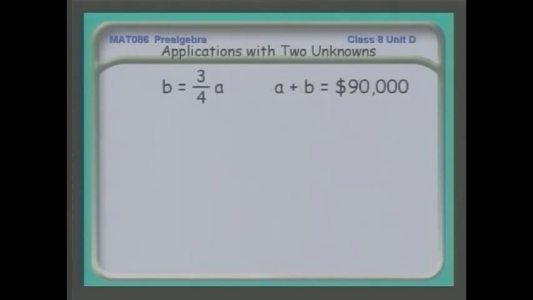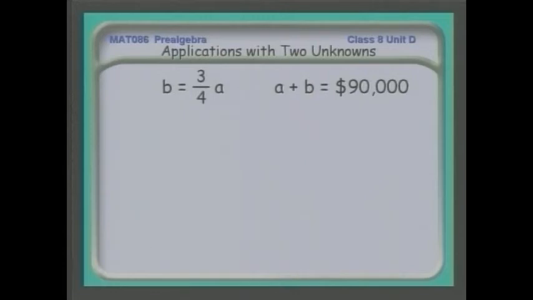Let's put this into the form of two equations. B, the second store, is going to earn 3/4 of what the first store does, and between them they earn $90,000. Again, we now have two equations in two unknowns. We have two relationships, and if we just look at either piece of the information, we see that we can't do it.